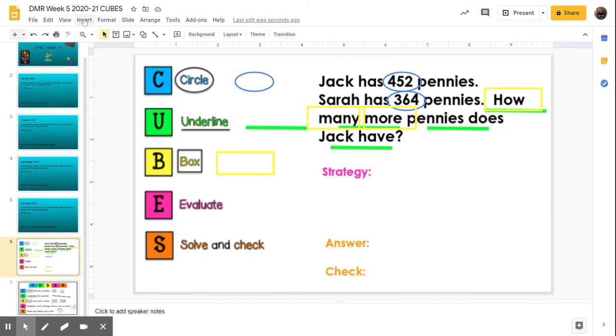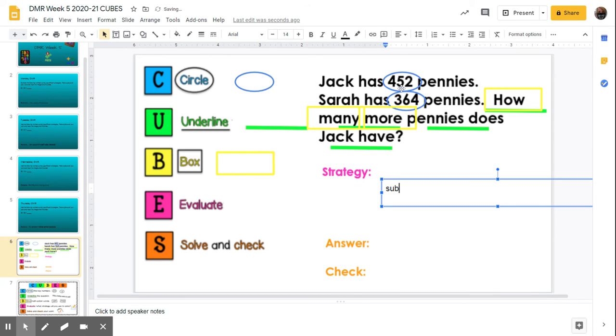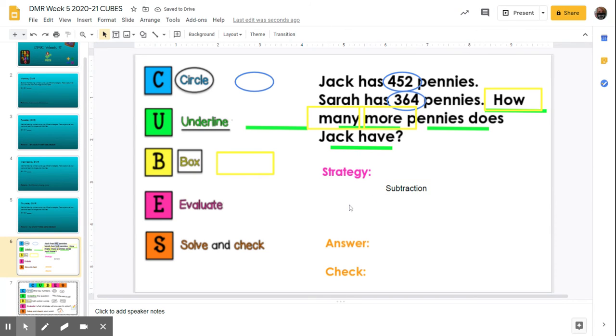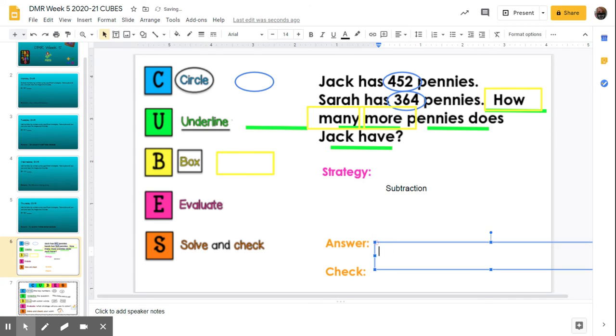I'm going to need to insert a text box right here so I can type in the word subtraction. That's what I'm going to do. I'm going to subtract. Now, for my answer, I'm also going to need a text box. I'm going to click right here, and I'm going to figure out my answer.